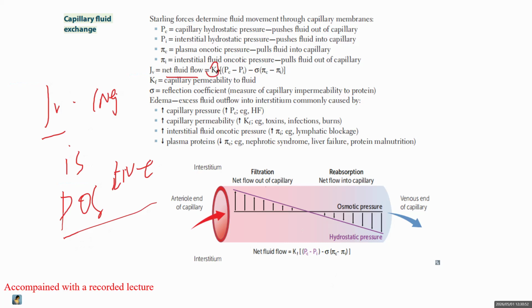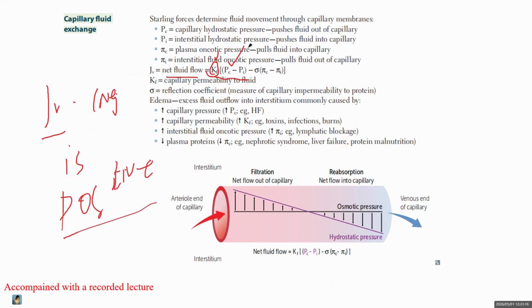And this KF represents the filtration coefficient. This reflects how permeable the capillary is to the fluid. And if the KF is higher, the fluid movement becomes easier.